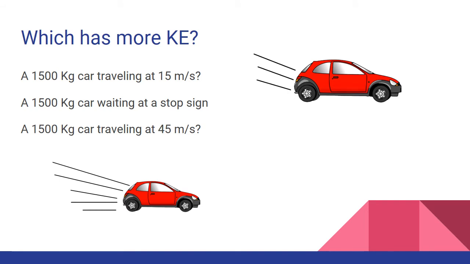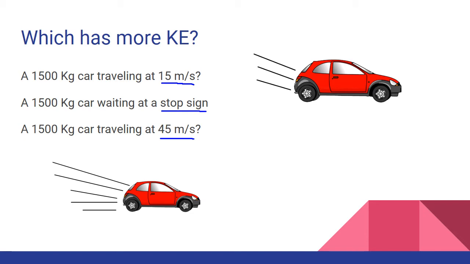So now that we've dealt with mass, let's think about mass and velocity together. If we just look at the car and we say that at one point the car is traveling at 15 meters per second, then it comes to a stop sign and it comes to a complete stop at that stop sign. And then later it's traveling a little faster at 45 meters per second.